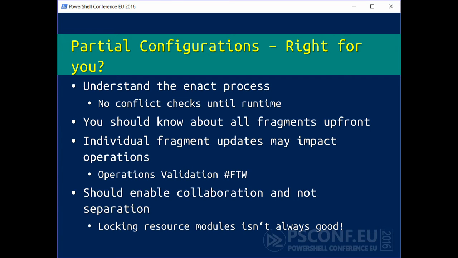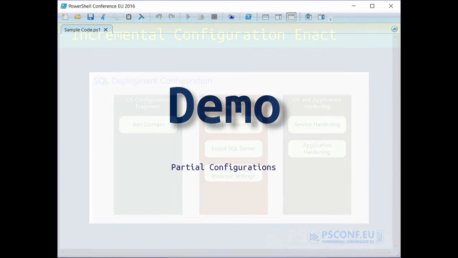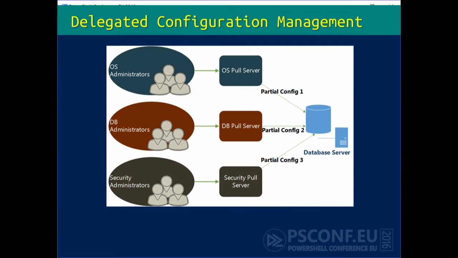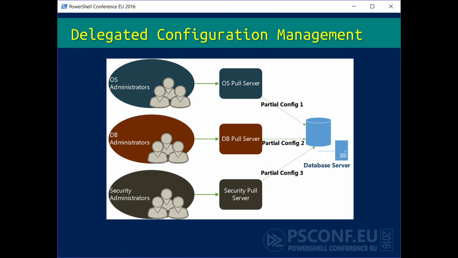Now, the third point: individual fragment updates may impact operations, right? Think about a scenario like this. They're independent fragments. Imagine that the DB does not necessarily depend on security. You've not defined dependencies, for example.